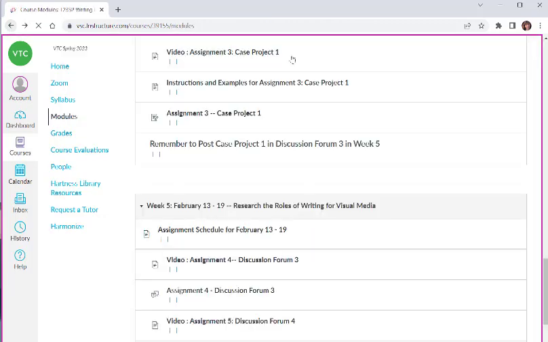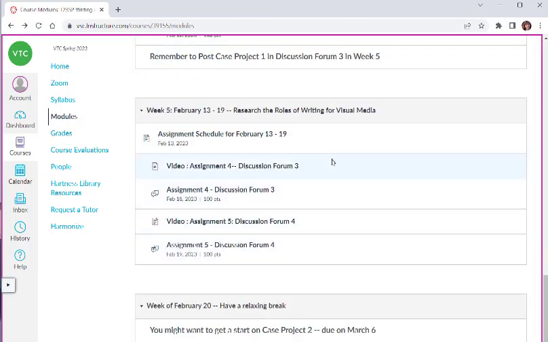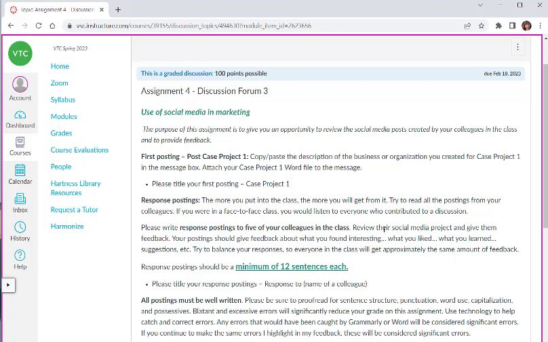If we go back here and now take a look at Assignment 4, Discussion Forum 3, you'll see that this discussion forum is different from the first one and the second one that you did. And you will have 3 discussion forums that are exactly like this one. The purpose of this discussion forum is for you to take a look at the social media projects, Case Project 1, that your colleagues did, and they'll take a look at yours, and you're going to give feedback to at least 5 of your colleagues.